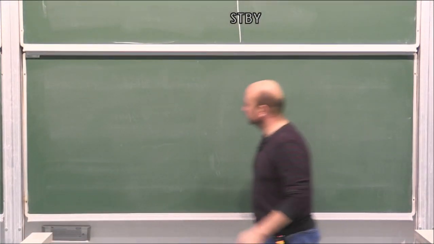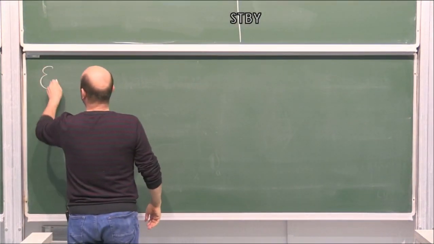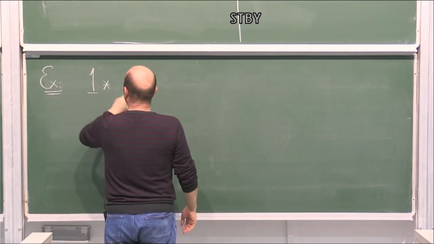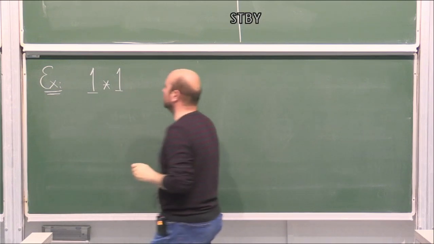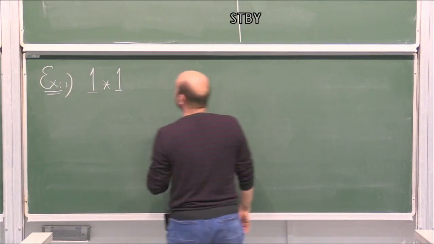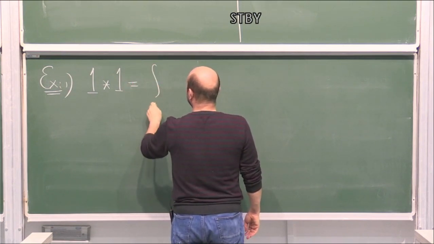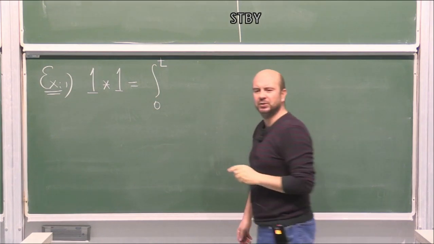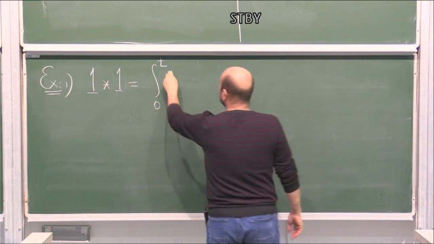Okay, so now let's do some examples of convolution. So let's look at the convolution of 1 with 1. Let's try to do this. So by definition, from 0 to t, in the first function I plug in t minus u, but it's a constant function, so I get 1.